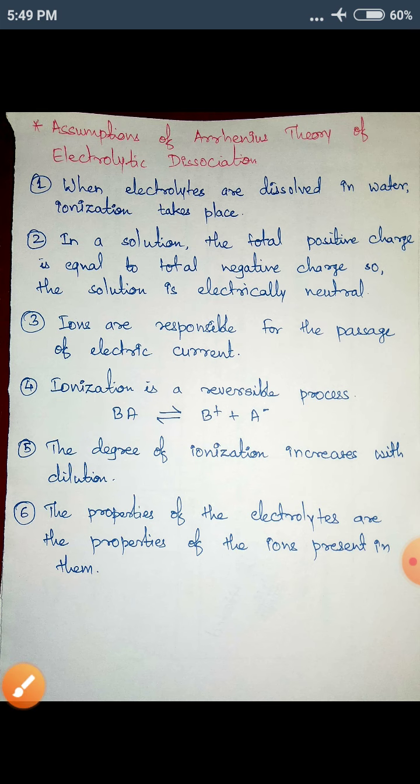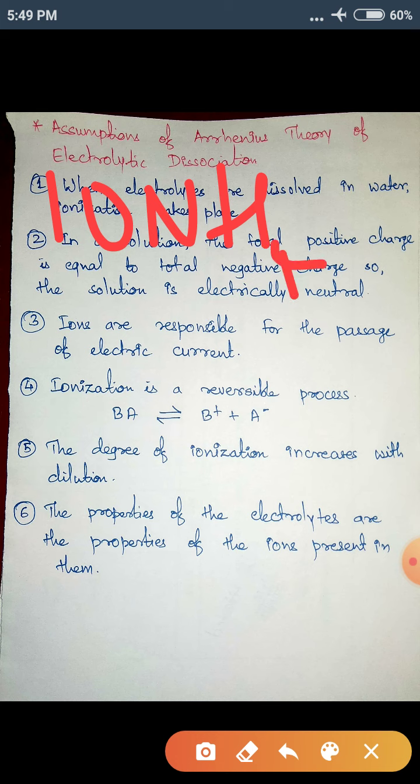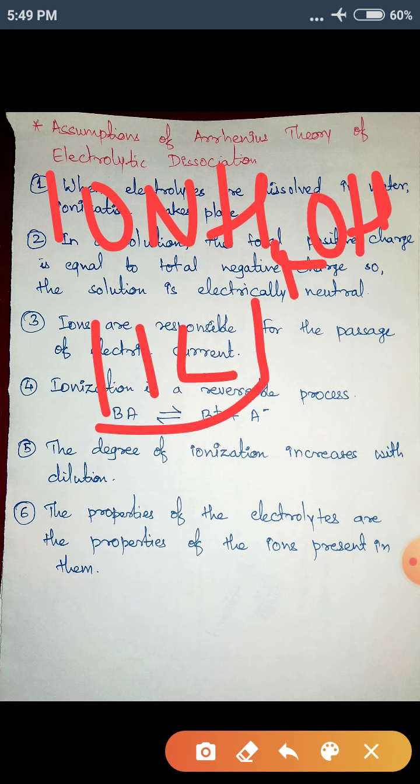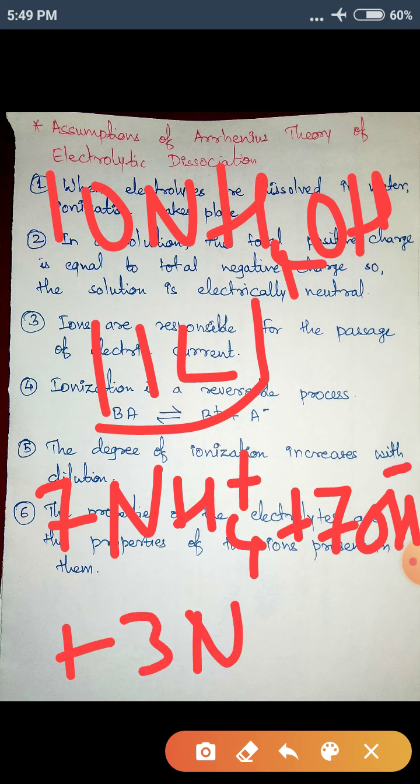Now, coming to the fifth point, the degree of ionization increases with dilution. In the last example I had given, 10 molecules of NH4OH in 1 liter of water give 7 molecules of NH4 plus, 7 molecules of OH minus, and 3 molecules of NH4OH.